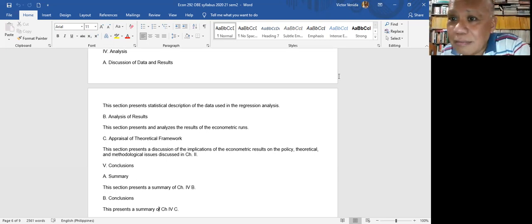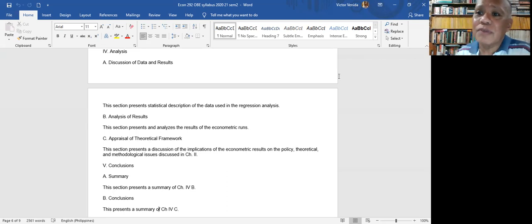Whereas I would rather you just present the main results, and everything else you can place in the appendix. But as far as I'm concerned, you follow what your reader tells you. So if your reader says, write down all the steps that you took, including the modifications, well, then it's very easy. It's just a case of cutting and pasting from your appendix and placing it in the body.